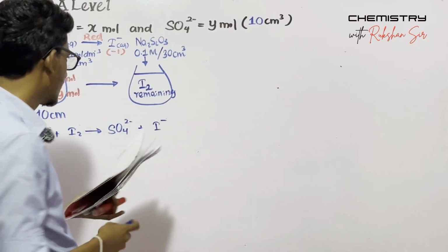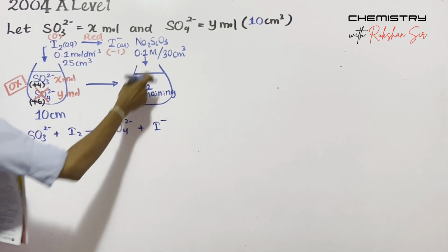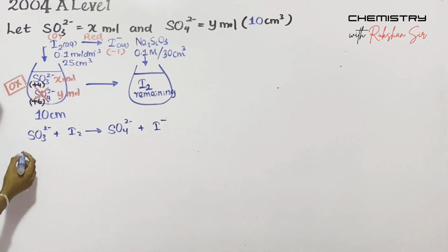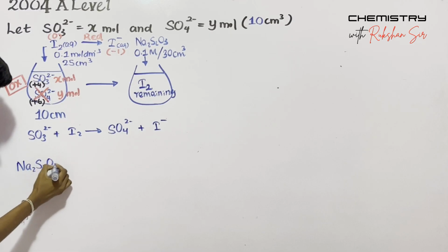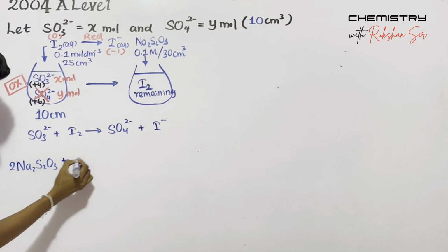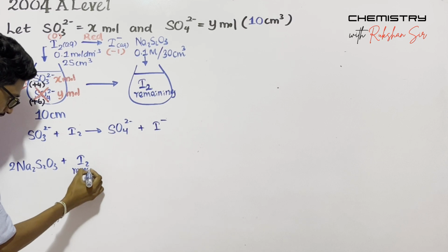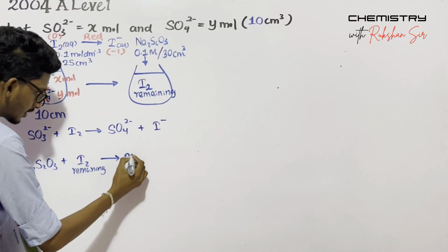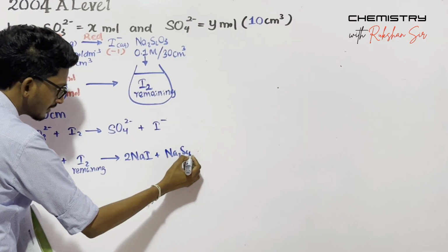So let's try to come up with the first simultaneous equation here. Before that, let's complete this reaction as well. This is a reaction between I2 and sodium thiosulfate. It is going to be like this: 2 Na2S2O3 will react with the remaining I2 to produce 2 NaI plus Na2S4O6.